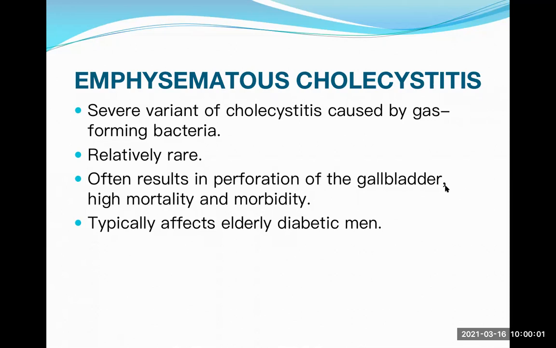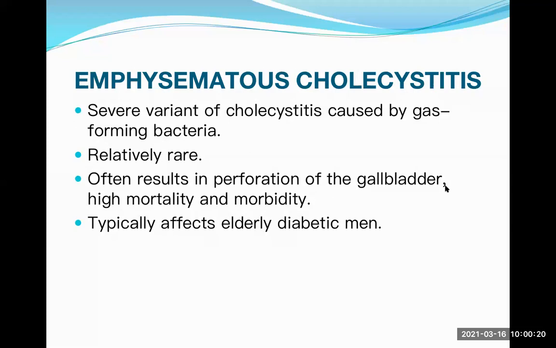This leads to biliary peritonitis. This is a chemical peritonitis. In the beginning it is chemical, but later on it is taken over by bacterial peritonitis. Very serious situation. The patient usually dies if that happens.